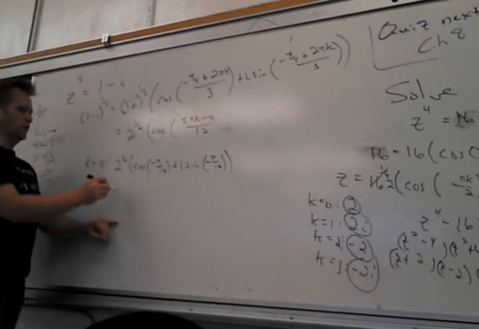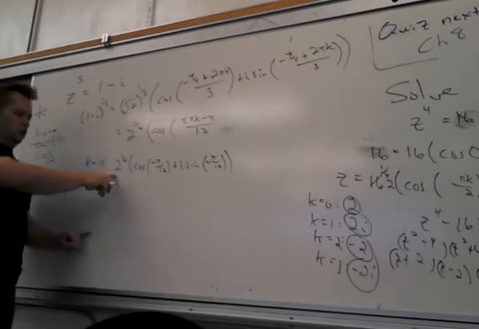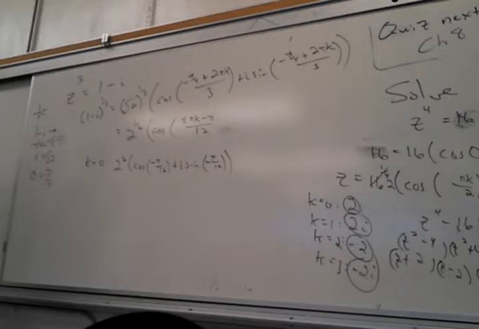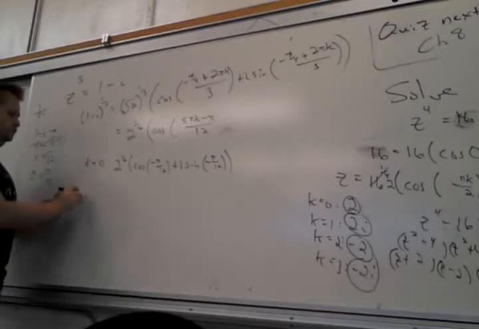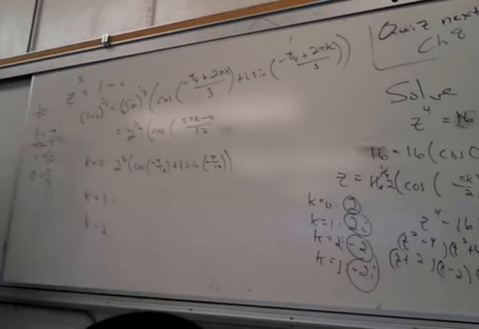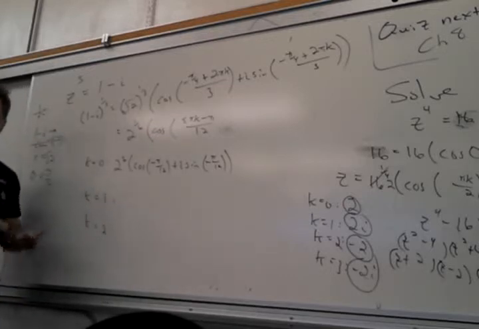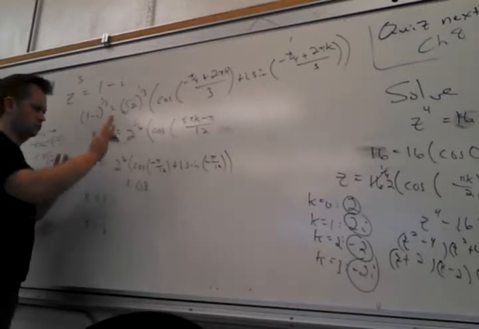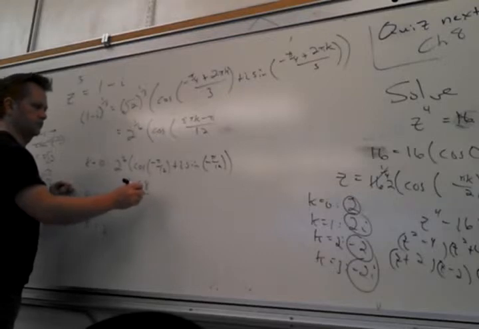So somebody help me out. What's 2 to the 1/6 times cosine of negative pi over 12? Make sure you're in radians. 1.084?